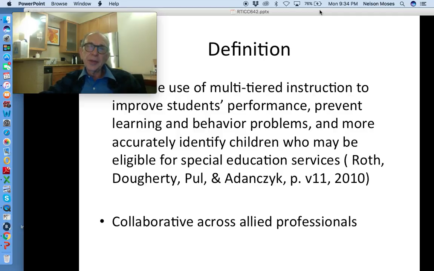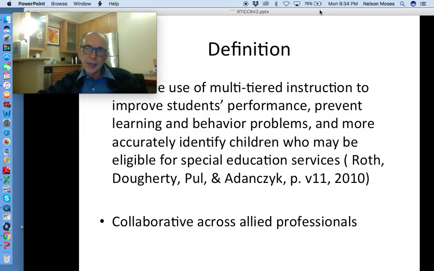Now our program does operate like an RTI program, in that we assess and we work with kids over a 12-week period, usually 12 to 14 weeks. And then we reassess. So we're evaluating the efficacy of our intervention. RTI programs are, again, delimited in terms of time frame.